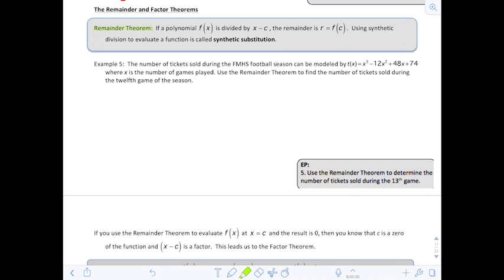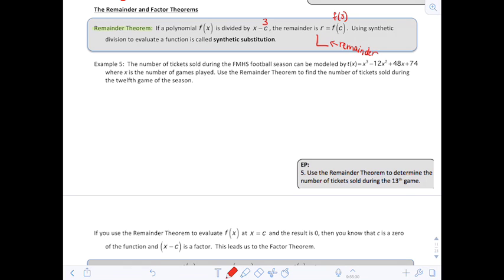This says if you have a polynomial f of x and it's divided by x minus c, so let's say it's x minus 3, the remainder r, the thing that goes in the little box, as I pointed out in the last two problems, is the value of f of c. If we're talking about 3, the remainder is the value of the function at 3.